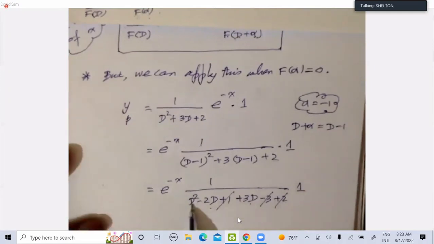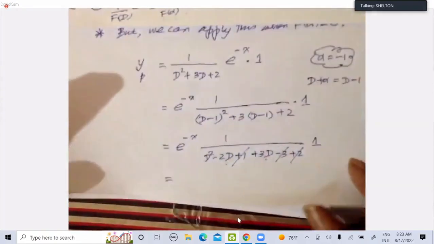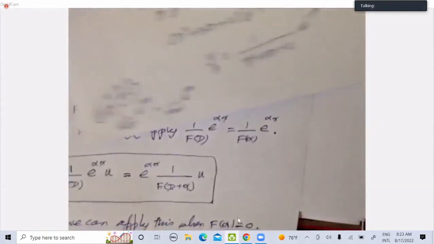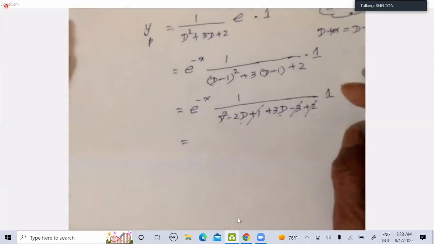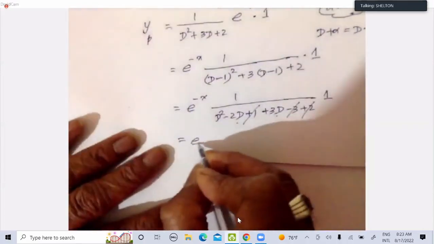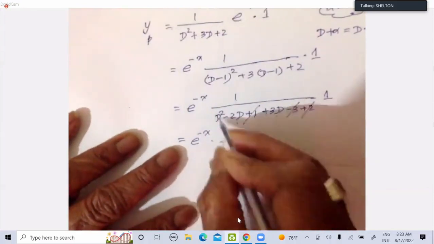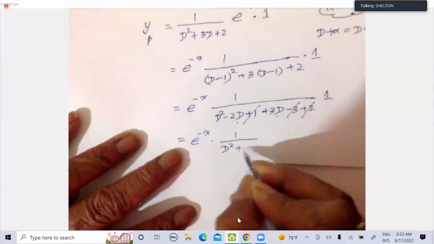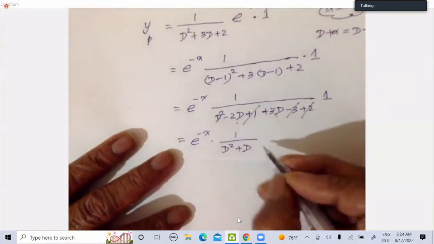So this is equal to e to the minus x, 1 over D squared plus D, of 1.